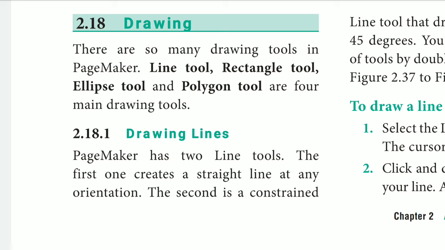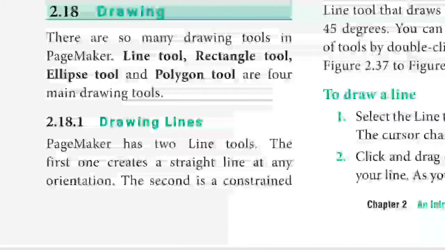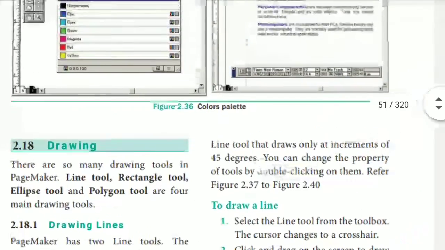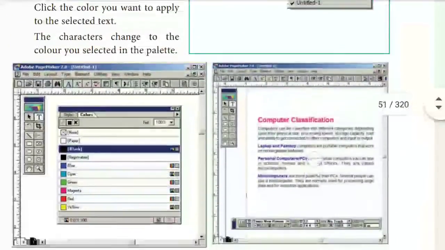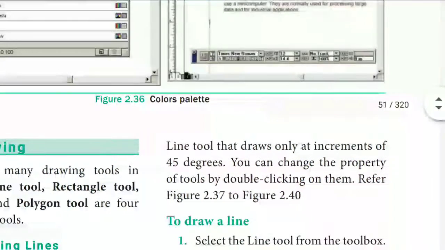First of all we'll see drawing lines, how to draw a line in PageMaker. PageMaker has two line tools. The first one creates a straight line at any orientation. The second one is the constrained line tool, to draw only at increments of 45 degrees.